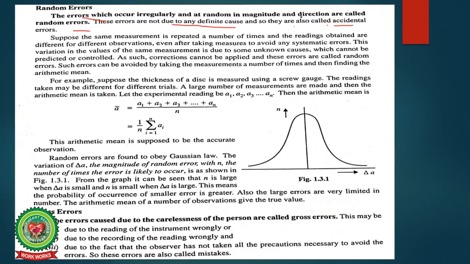To avoid such errors, you have to take a number of readings, A1, A2, A3, and then find the arithmetic mean. This is the formula for the arithmetic mean, and whatever result you get after performing it will be your accurate observation.